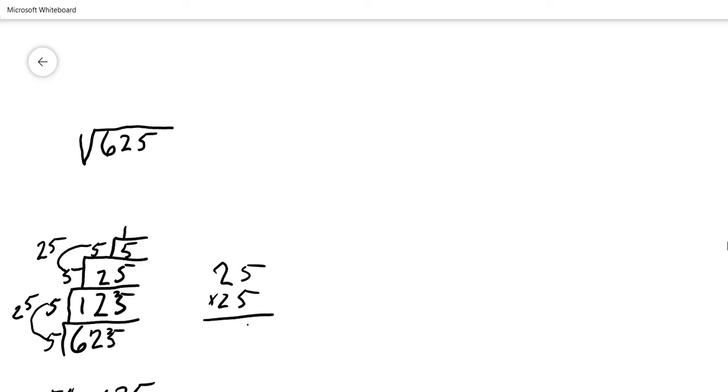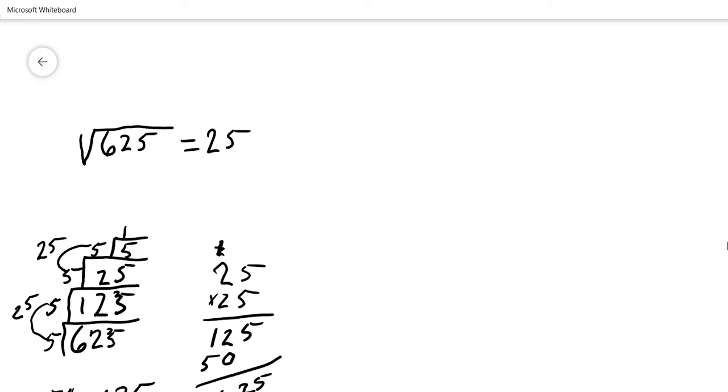All right, 5 times 5 is 25, carry the 2, 2 times 5 is 10, and 2 is 12. Then we've got 5 times 2 is 10, carry the 1. 2 times 2 is 4, plus 1 is 5. That's a 5, that's a 2, 1 and 5 is 6, see? 625. So the square root of 625 is 25.